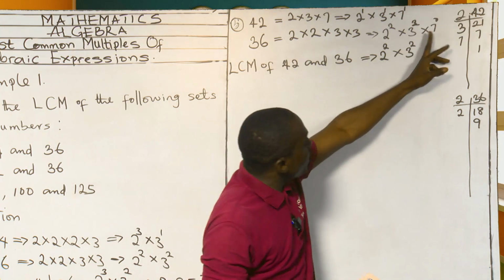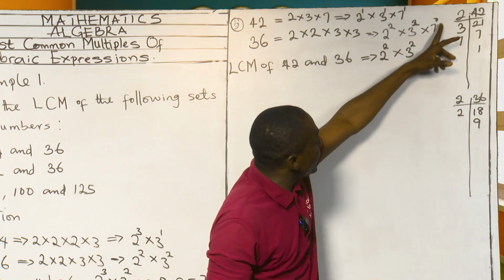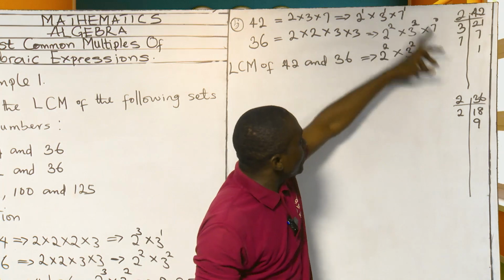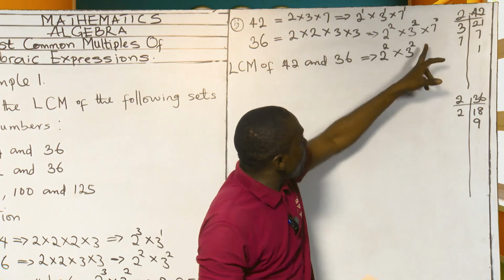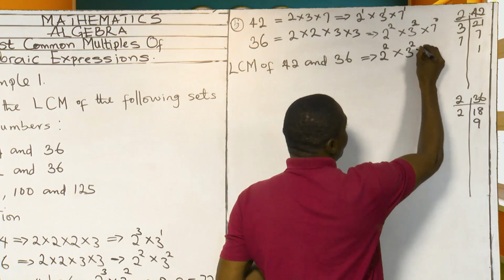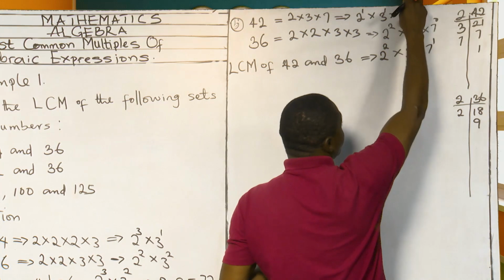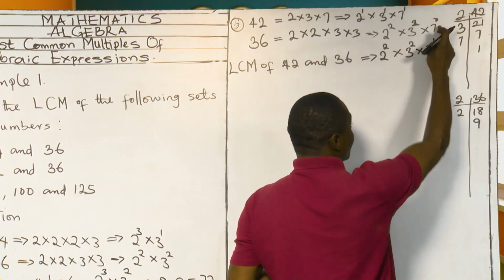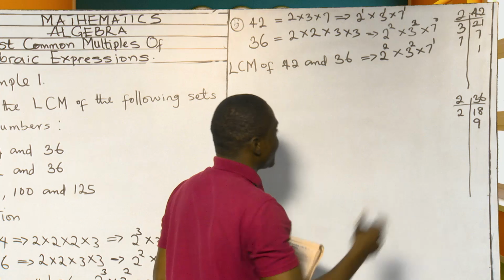So if my 7 raised to 0 is here, and this is 7 raised to 1, I'm writing down 7 raised to 1 because it has the higher power. Okay, that is it.